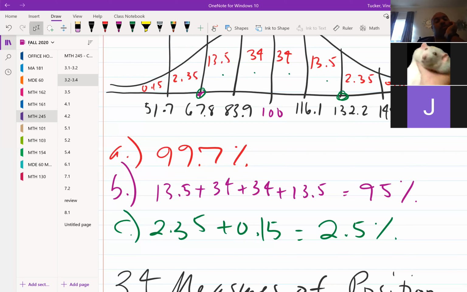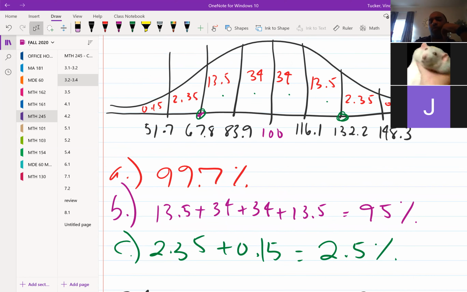All right. Questions? Any questions? The 0.15, was that number in the question, right? When you say is it in the question, what do you mean by that? What I'm trying to say is, where exactly did it come from? The percentages?